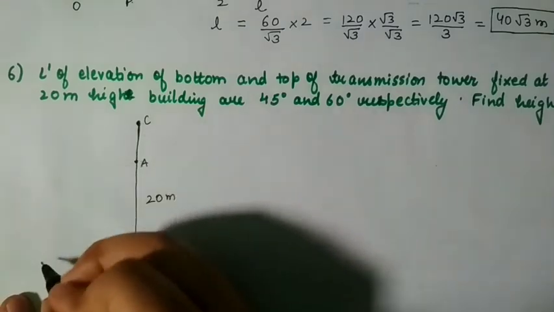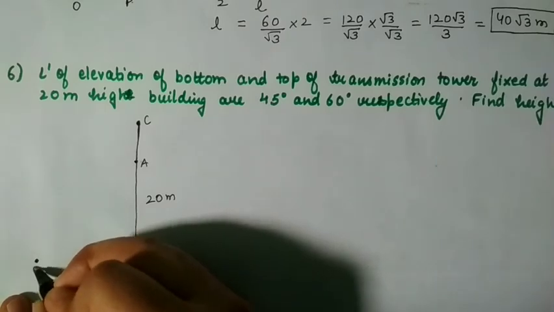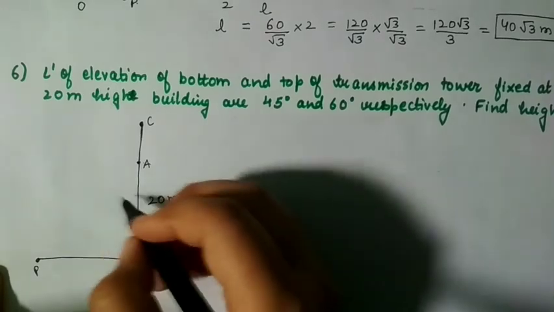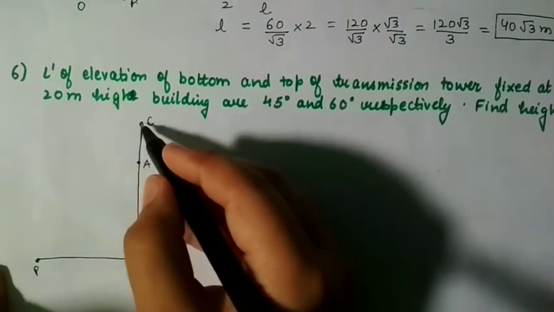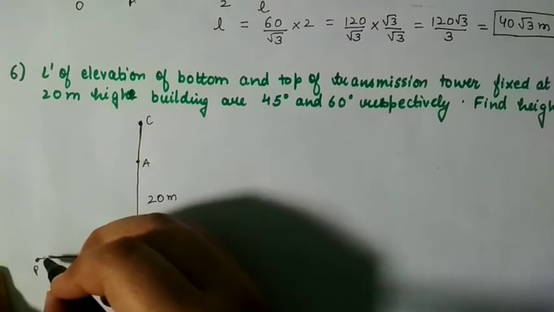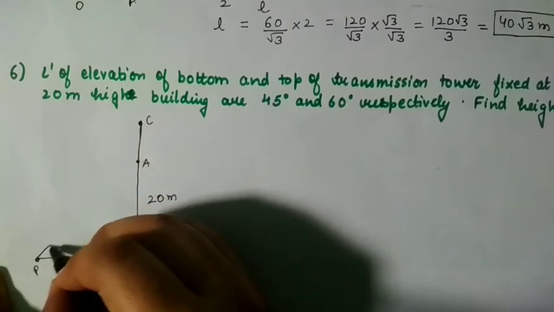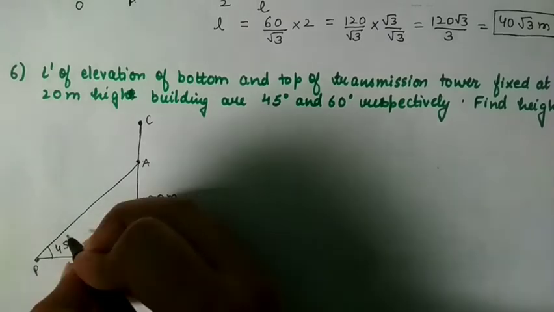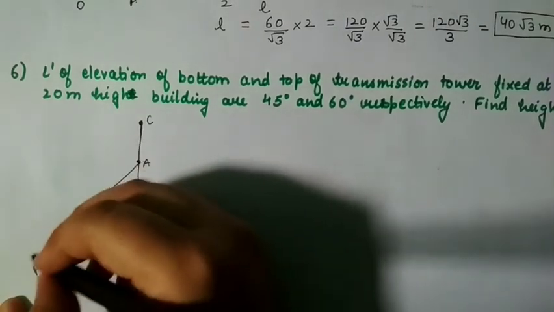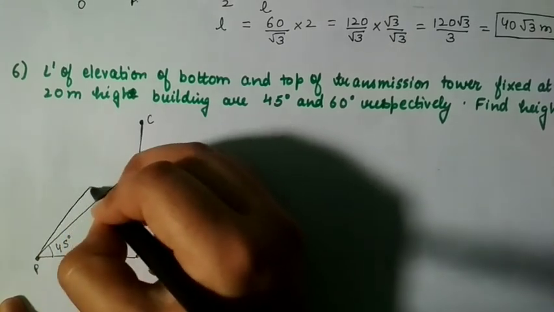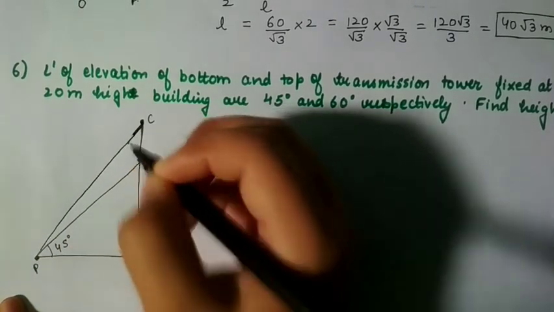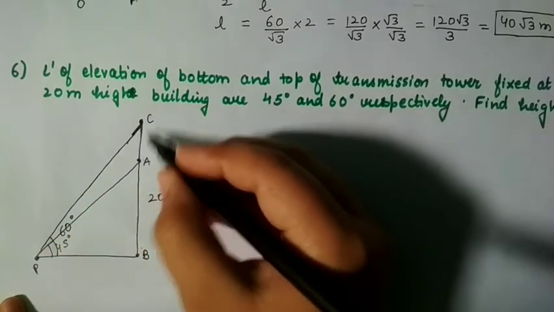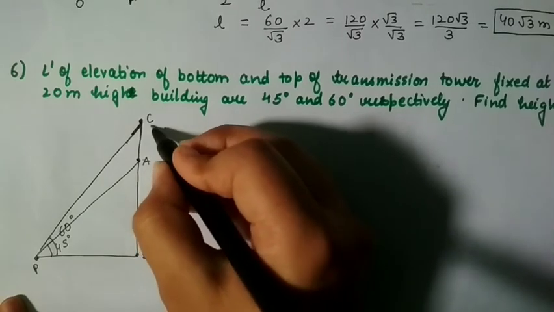This is the angle of elevation from a point on the ground P. If this is a point on the ground, then the angle of elevation from this point P to the bottom and the top of the tower is given. The angle of elevation to the bottom of the tower is 45 degrees and to the top of the tower is 60 degrees. We need to find the height of the tower, that is AC.